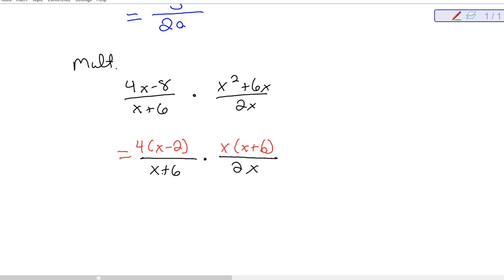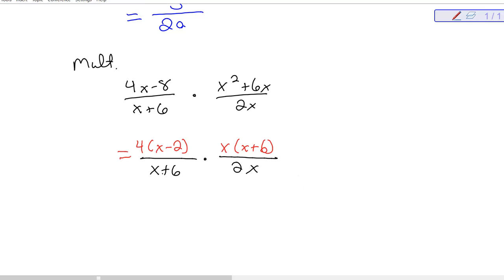Well, I'm going to look at something. I have a 4 here. Can that be written smaller? It can, or I'm going to show you what else happens. Okay? So I have a 4 times x minus 2 times x plus 6, and I have an x plus 6 and a 2x.